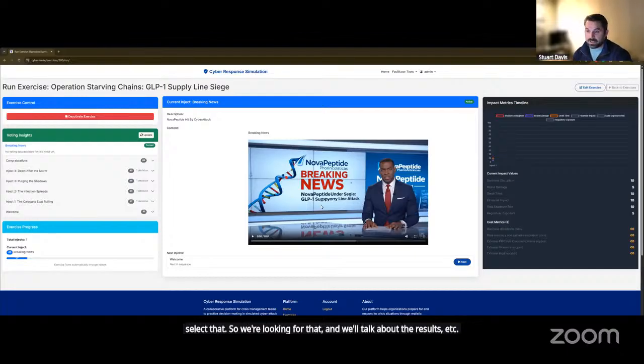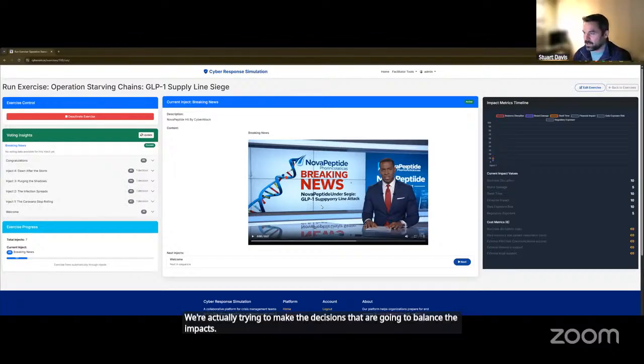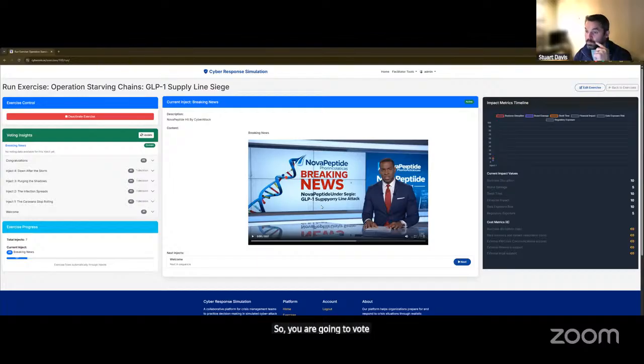So what I'll do is I will navigate from inject to inject, and we'll have you finished up in 51 minutes from now. I'm terrible at timekeeping, but I promise we'll be done by then. And what we're trying to do is over on the right-hand side of the screen, we're actually trying to make the decisions that are going to balance the impacts. So you are going to vote, and the most votes will be our decisive decision to take forward. But whatever that decision is will come with a cost.